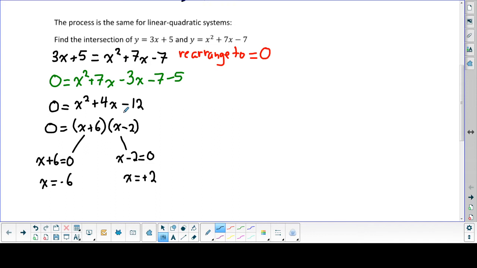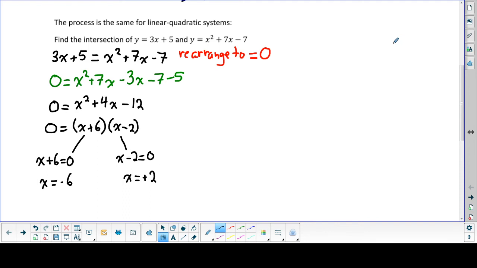Okay, so, let's think. We got two x values. That means that this line and this parabola, or this quadratic, they intersect twice. Does that make sense? Well, let's think about this for a second. I'm going to draw a little sketch.